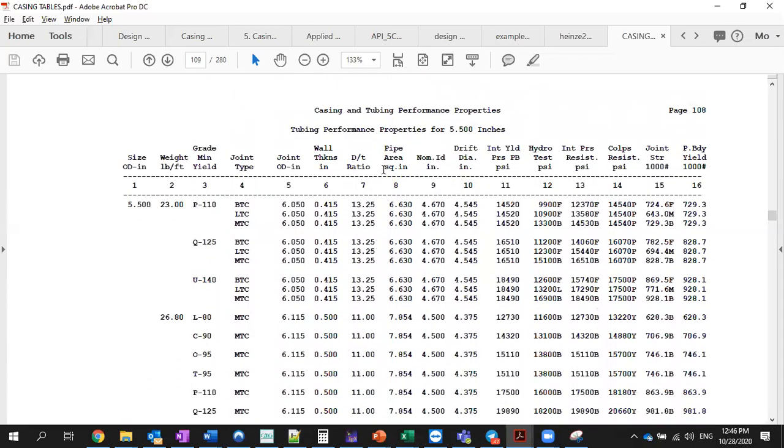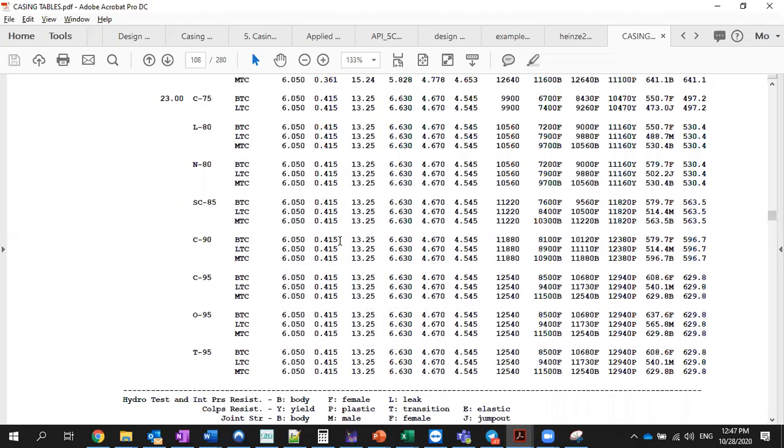Now for P110, sorry, I should go to P110 here. And this is P110, 23, 5.5 inch. The D over T ratio is 13.25. Pipe area is 6.63. Burst requirement or internal yield pressure is 14,000 for this specific weight. 12,000 for this one.